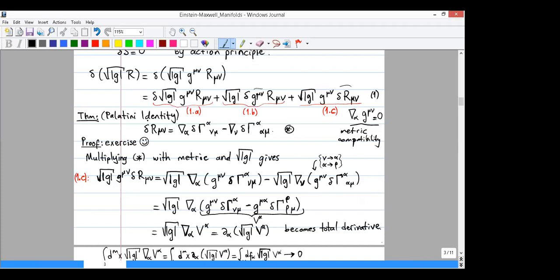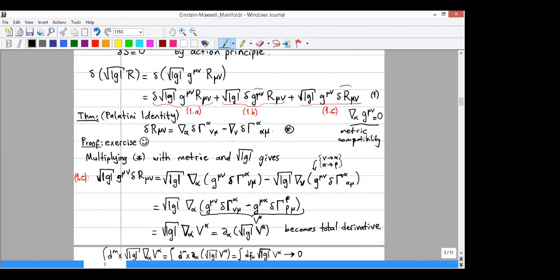And here we are going to use the Palatini identity. Actually, it is a simple identity which gives us the variation of the Ricci tensor. As a hint, it's a straightforward calculation, so I'm giving you this as an exercise.